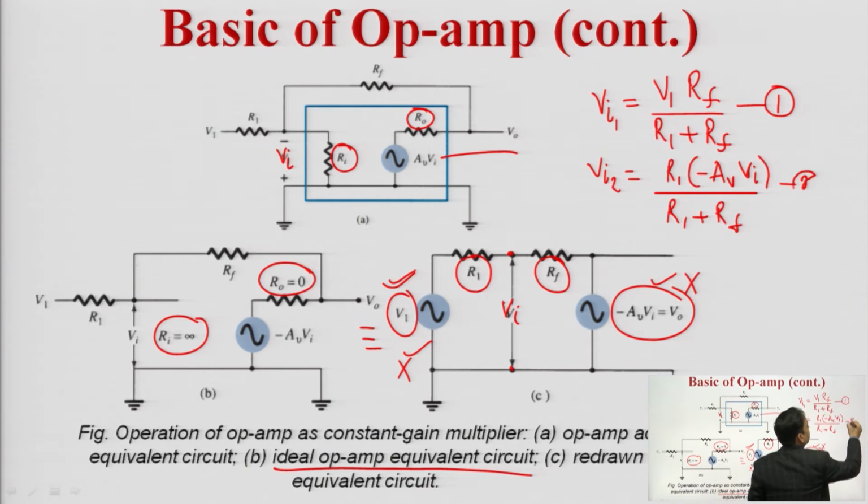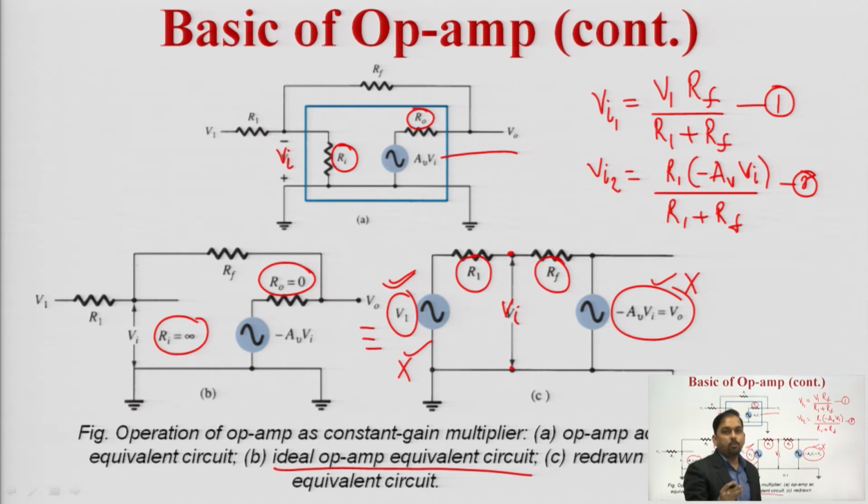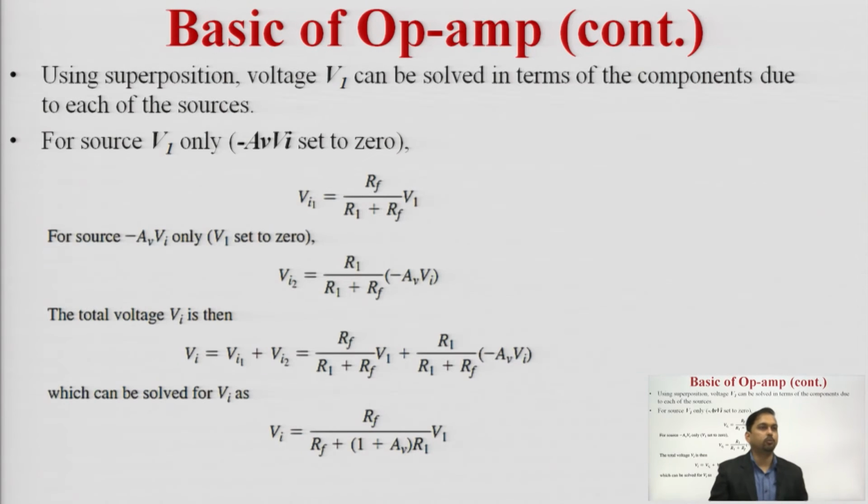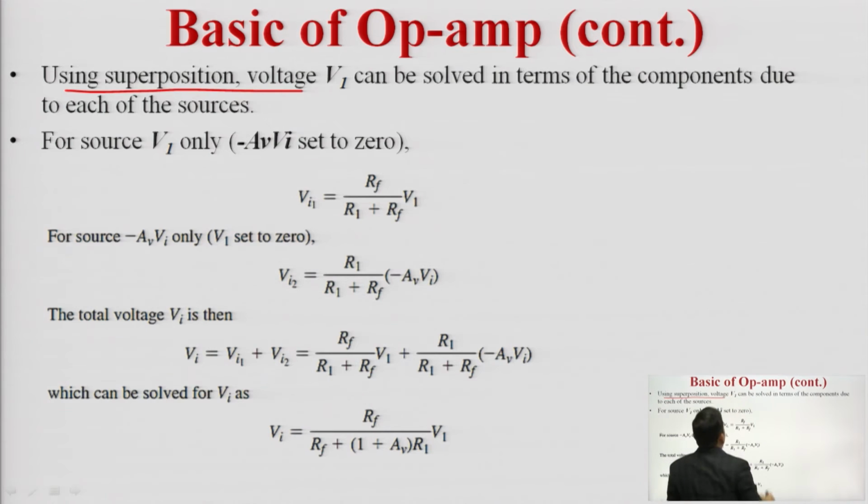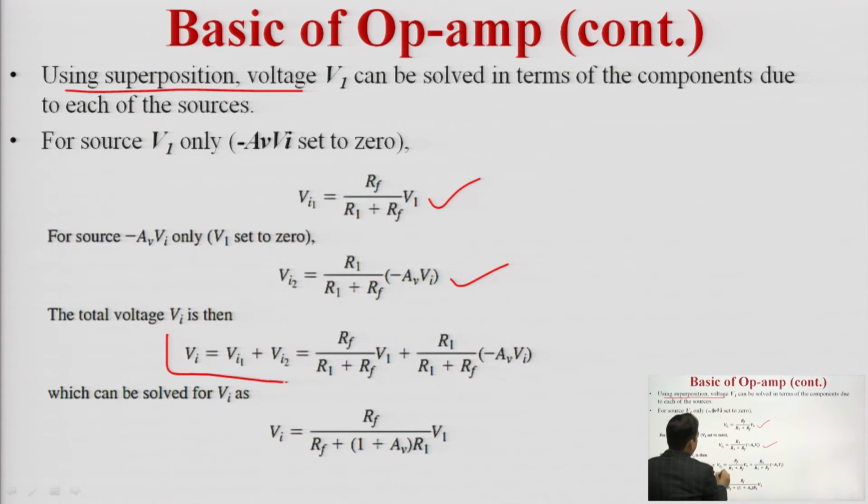This is our second equation. We have evaluated both responses, and now we club them with the help of superposition. The total voltage will be Vi1 plus Vi2.